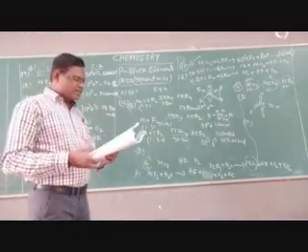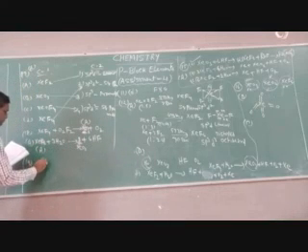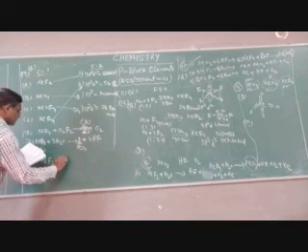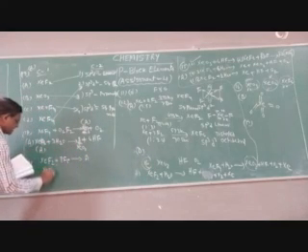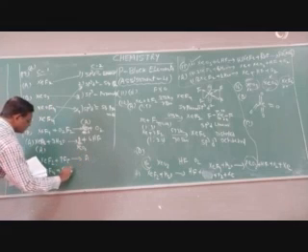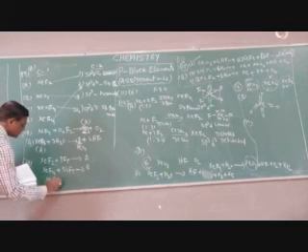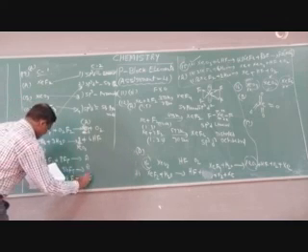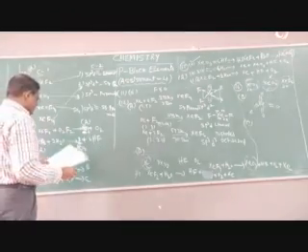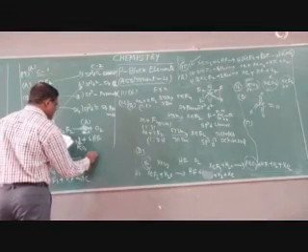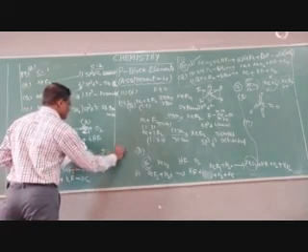Next, 19, children. Again here given XeF2 plus PF5 gives rise to A, XeF4 plus SbF5 gives rise to B, and the third one, XeF6 plus KF gives rise to C. What are your A, B, C, children? See here, the first one with PF5, the product is XeF plus PF6 minus.